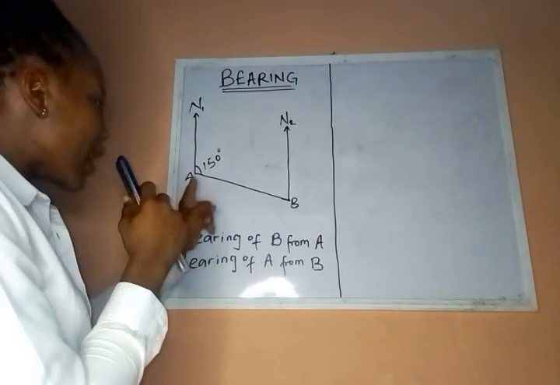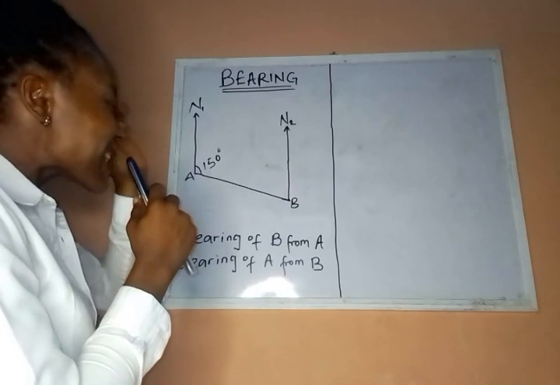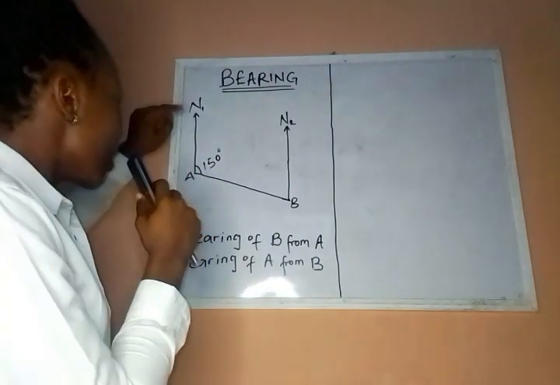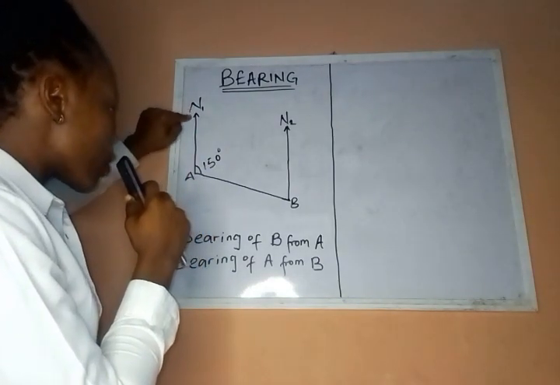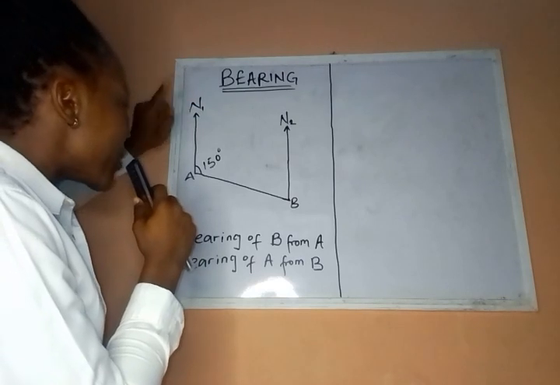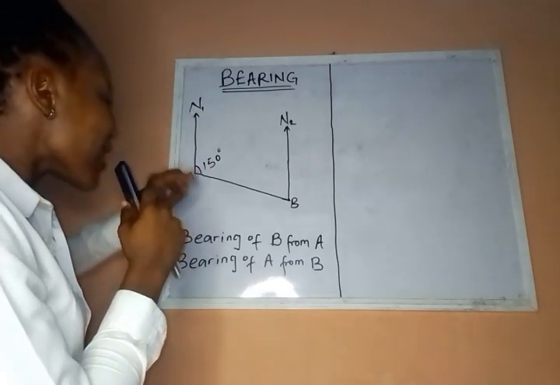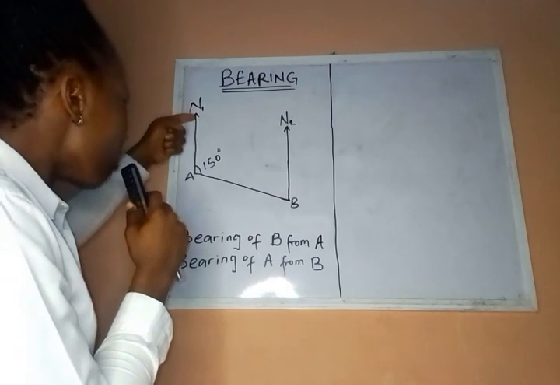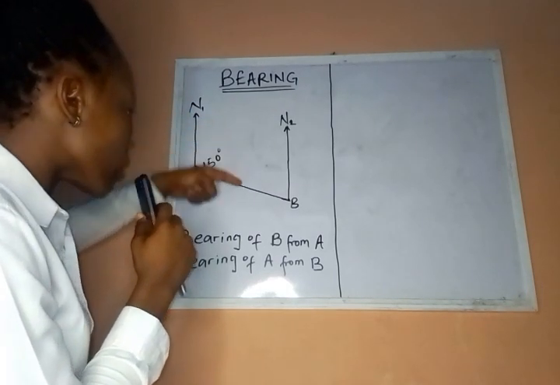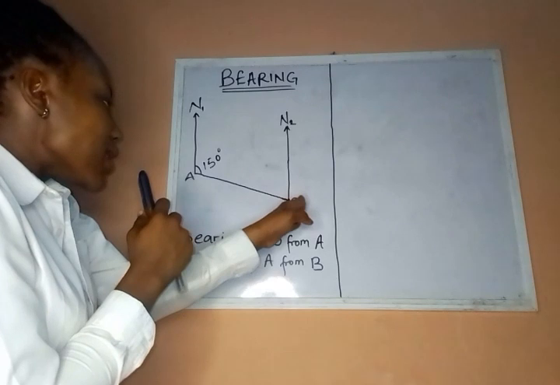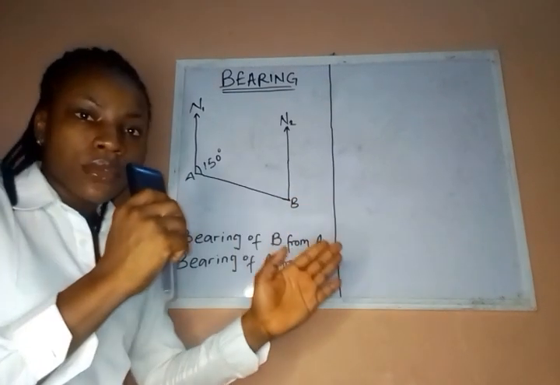So B left A. He started his movement from here, from north. So B made the bearing of 150. That's, he started his movement from here and moved from here to this place. This is now B's new town.